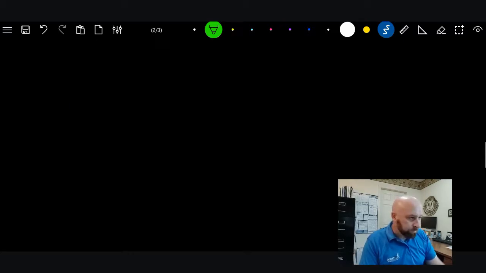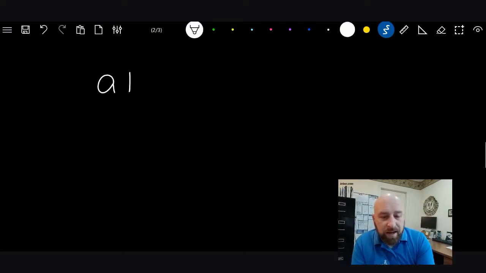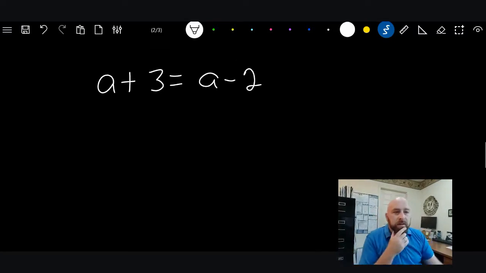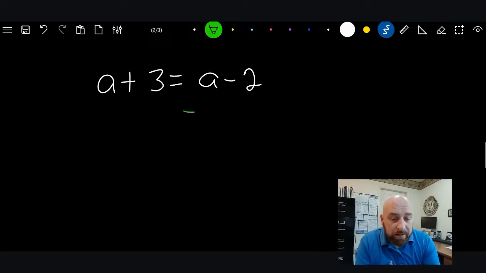All right, let's look at one that is a contradiction. Let's look at what that looks like. In a contradiction, we would have a plus 3 equals a minus 2. All right, well, that's contradictory. And we can kind of see it right there, but let's work it and see what happens. If we do minus a from both sides, because we're trying to move the a over there and get the letters by themselves, what do we get?